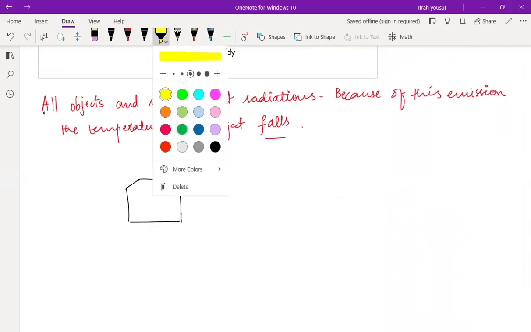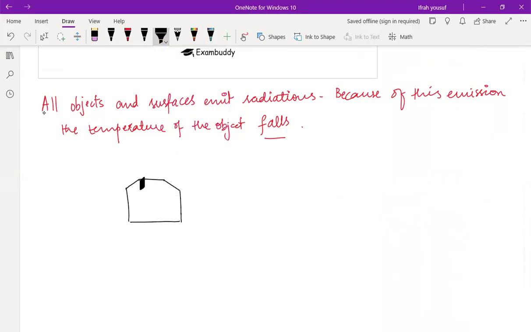Okay, let me draw the black one. And we are now going to connect a temperature sensor.